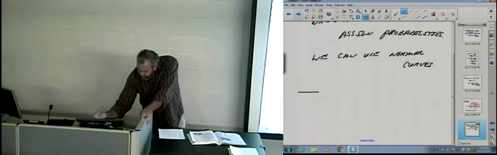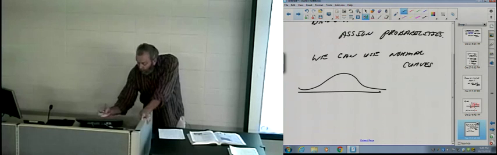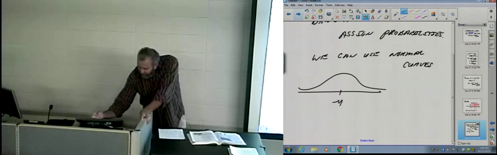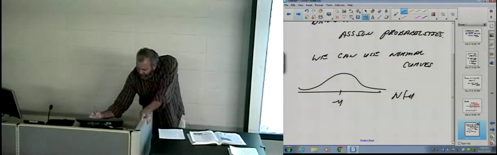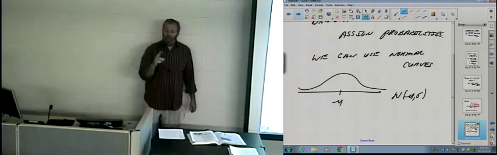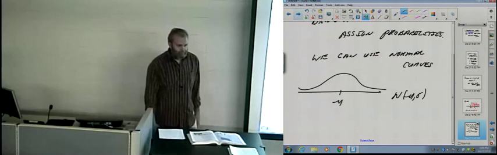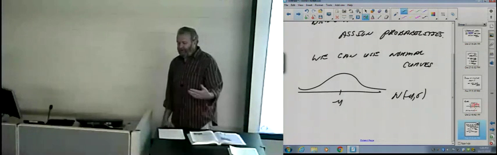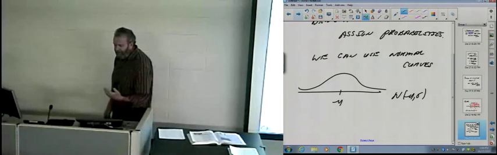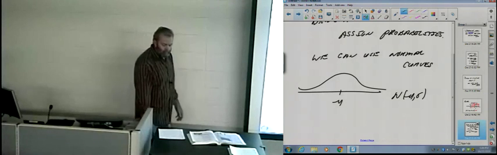Remember, what are the two most important things you can tell me about a normal curve? You can tell me about its mean. You tell me about its standard deviation. The mean tells you where it's located. The standard deviation tells you how tall the hump is. Remember, every normal distribution satisfies the 68, 95, 99.7 rule. That's what makes that a normal distribution.